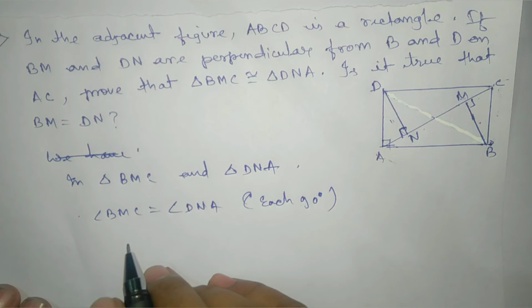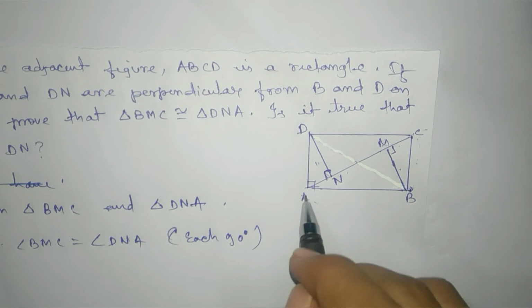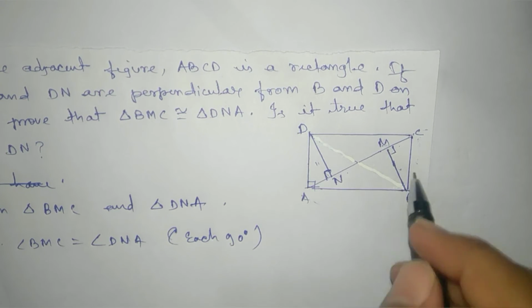And then after that, they have said it is a rectangle. So rectangle means it is a parallelogram, that means opposite sides are equal.